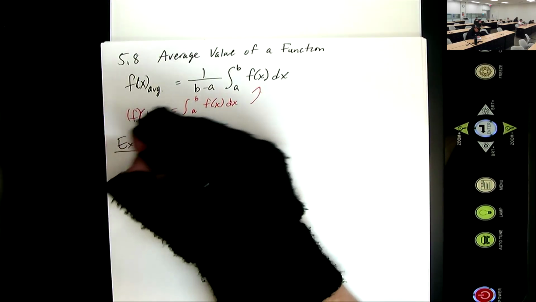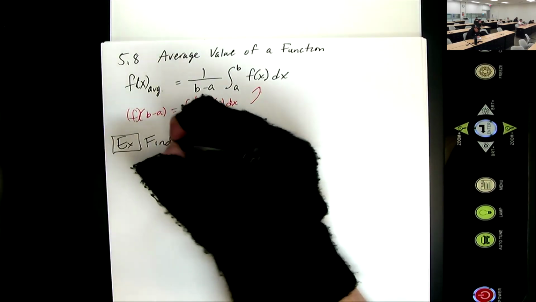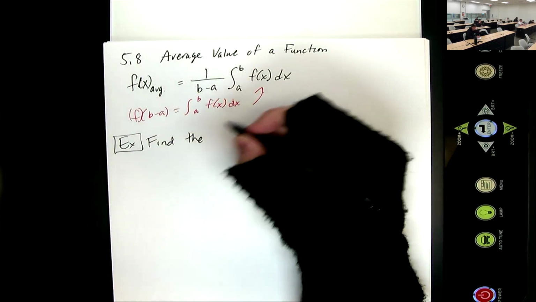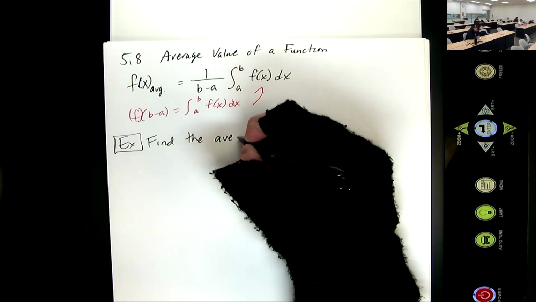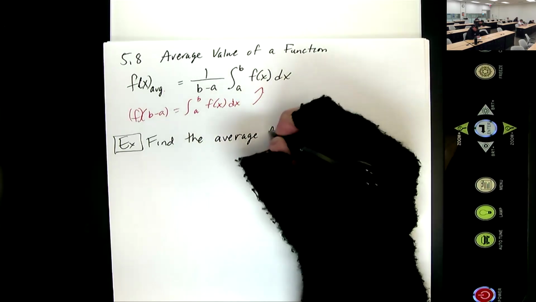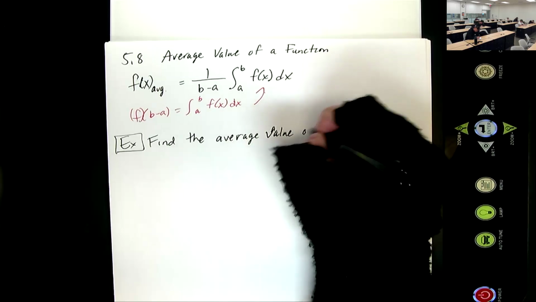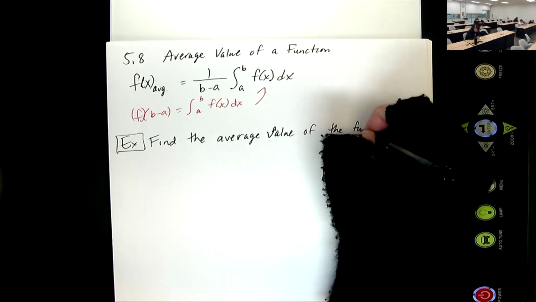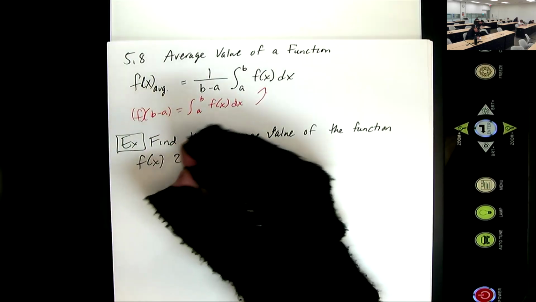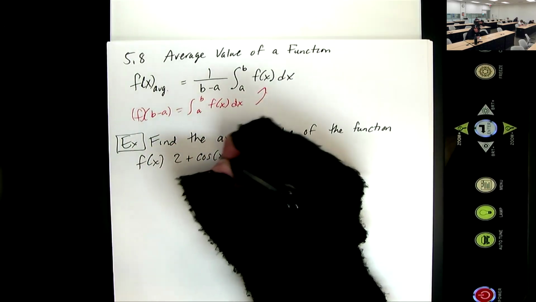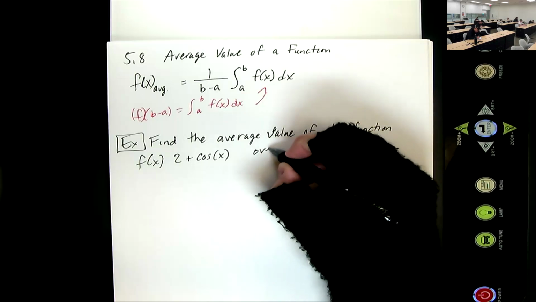Example. This is a really short section because we're just integrating. Find the average value of the function f of x equals 2 plus cosine x over the interval 0 to 2 pi.